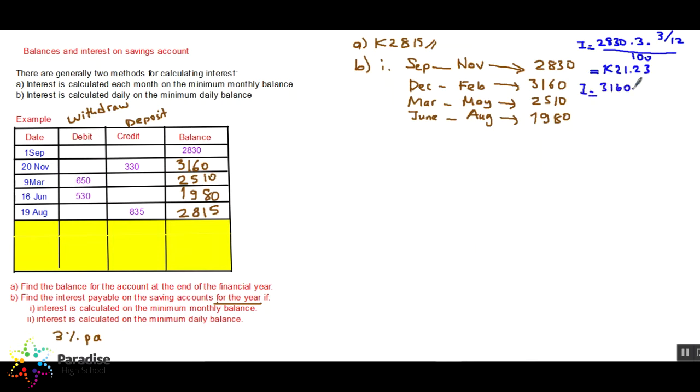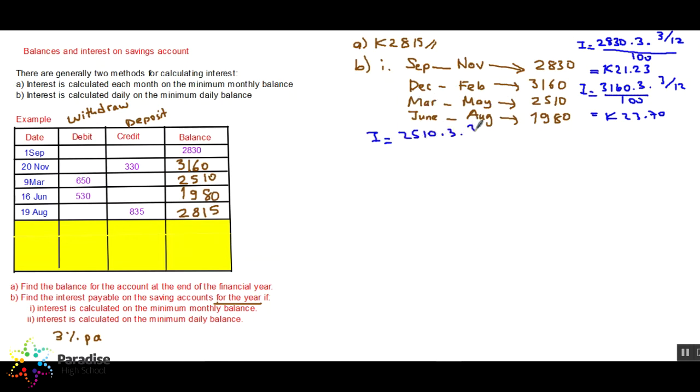What about the next? 3,160 times 3, the interest rate is 3%. How many months? December, January, February, again 3 months, divided by 12 over 100. So I is equal to 3,160 times 9 divided by 1,200. That makes 23.70 kina. What about the others? I is equal to 2,510 as the principal, 3% per annum.